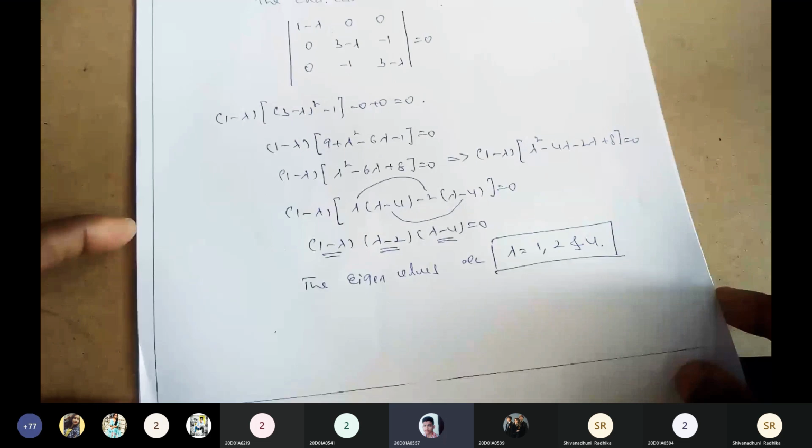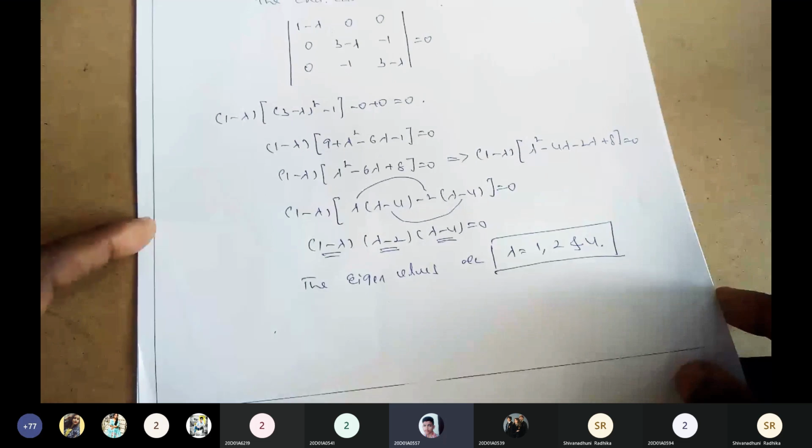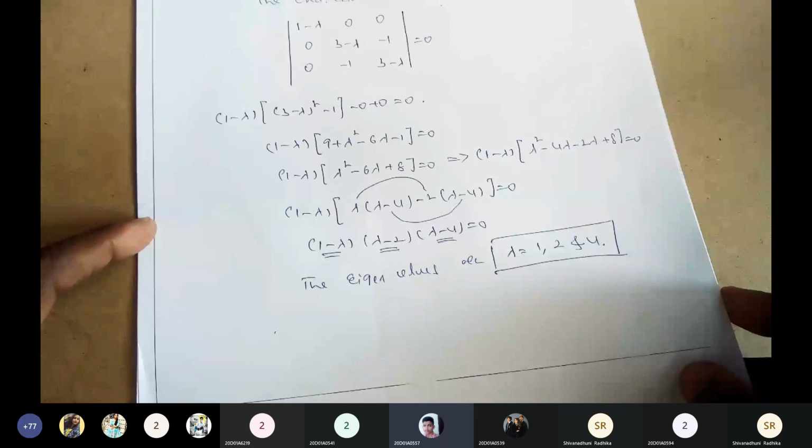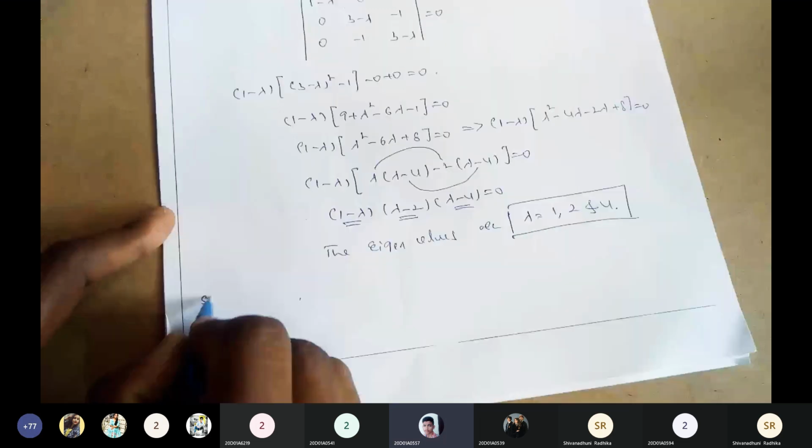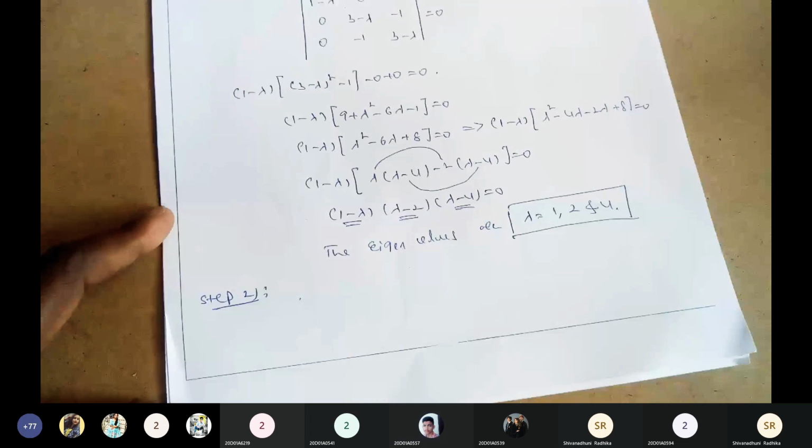Next, go for step 2. What is step 2 here? Find eigenvectors.